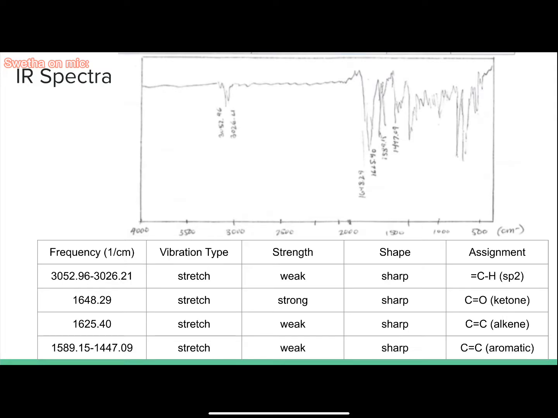The fourth peak, at around 1589 to 1447 in frequency, indicated a carbon-carbon aromatic ring of weak strength and sharp shape. The results showed that an aldehyde functional group disappeared and a ketone appeared. The sp2 hybridized CH and alkene functional groups found on the IR spectra demonstrate that the desired product was obtained.